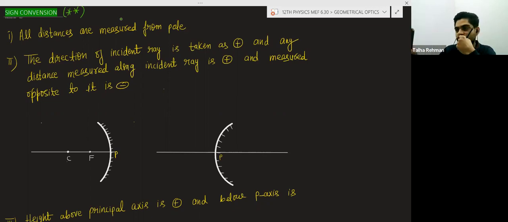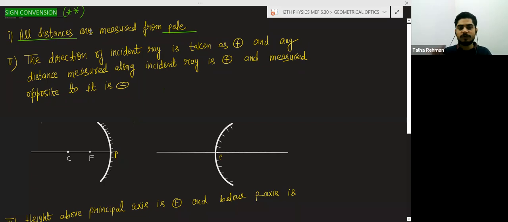So in sign convention, always the distance is measured from the pole. Remember this point. Always all the distances will be measured from the pole. First point.